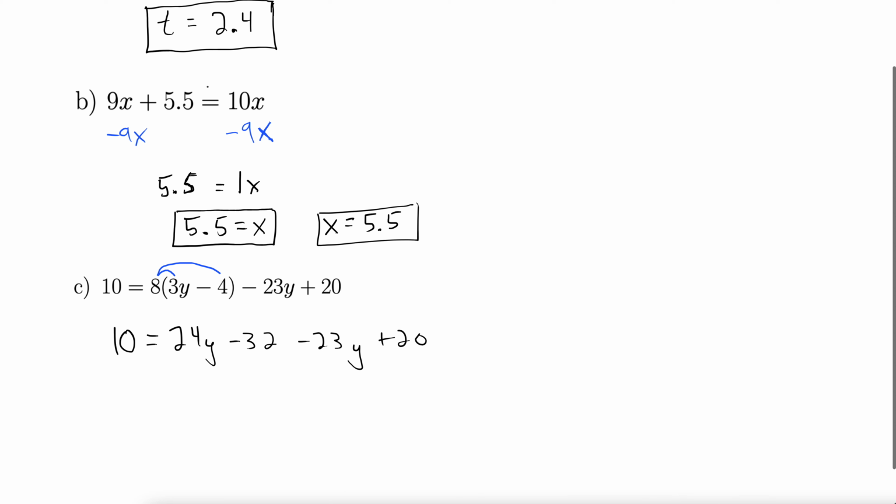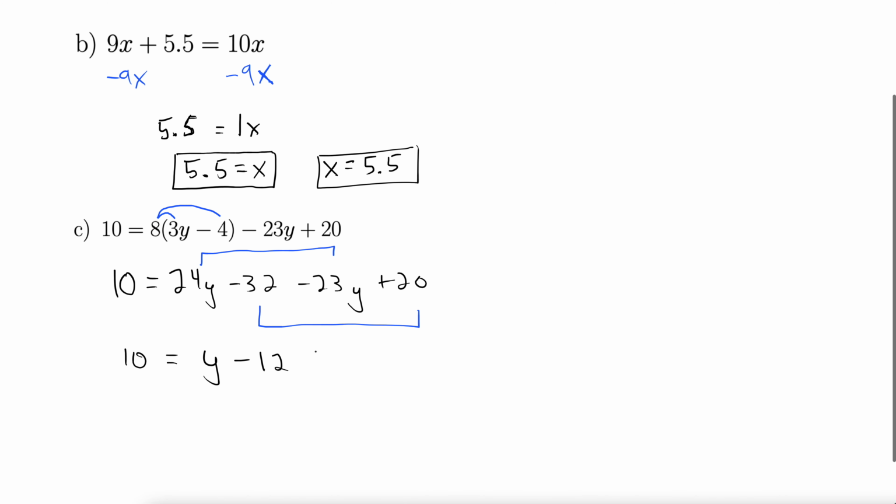Next we combine like terms here. Let's combine these two together, the ones with the y's in them, and then we'll combine the constant terms together. So that gives us 10 equals, 24y minus 23y is 1y, so we'll just write y, and then we have negative 32 plus 20, minus 12.